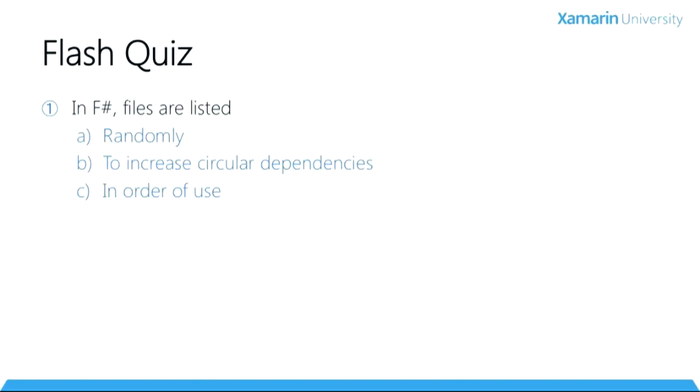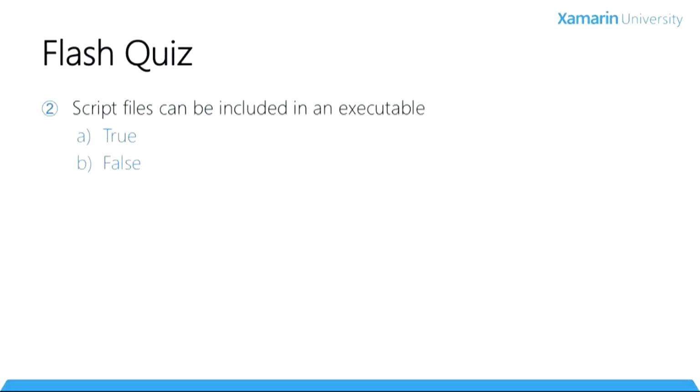So in F#, files are listed A, randomly, B, to increase circular dependencies, or C, in order of use. And the answer is C, in order of use. Question 2.